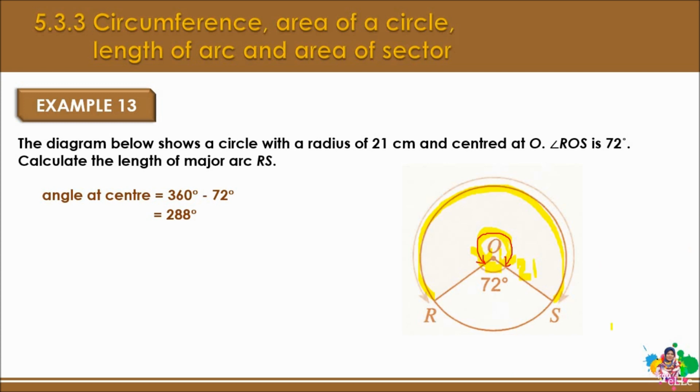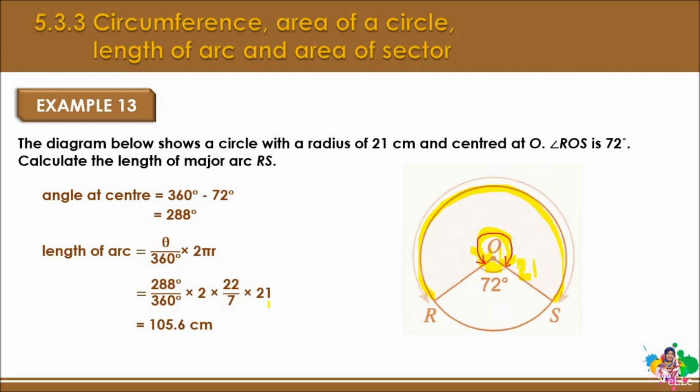Therefore, this angle is 288 degrees. Then you can find the length of arc. Theta is 288 over 360 times 2 pi r. Then you get the answer, length of arc 105.6 centimeter.